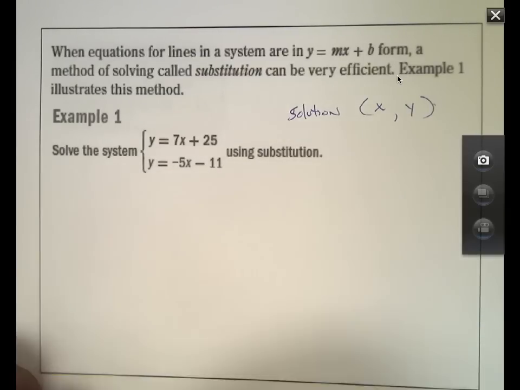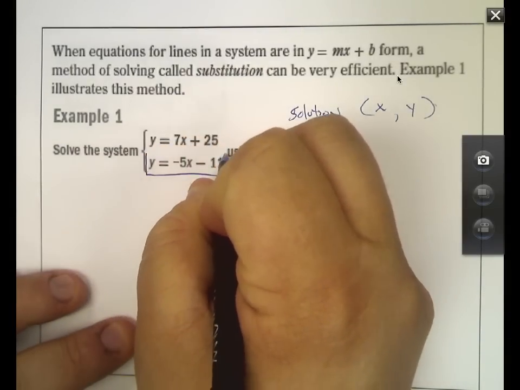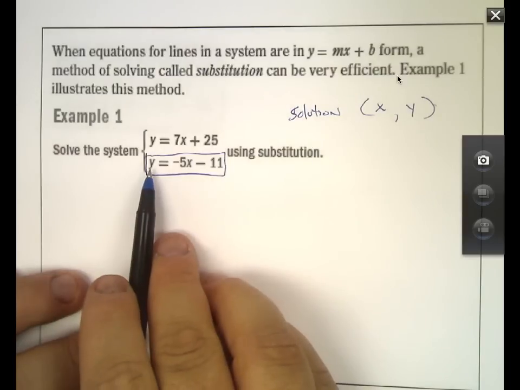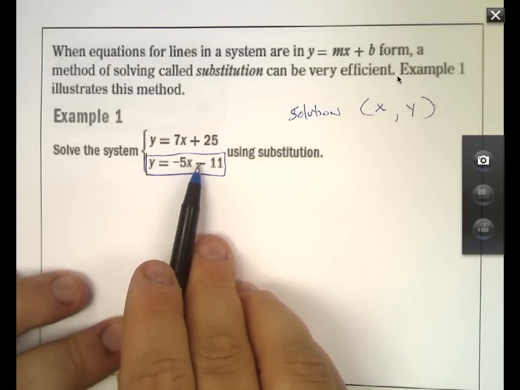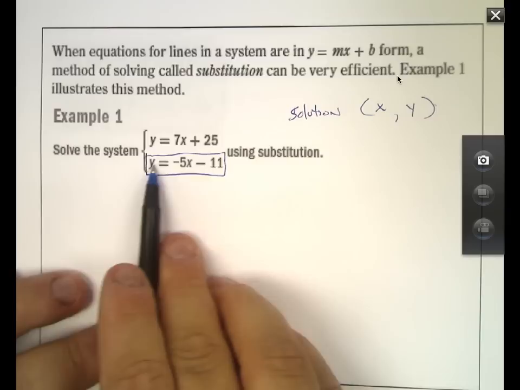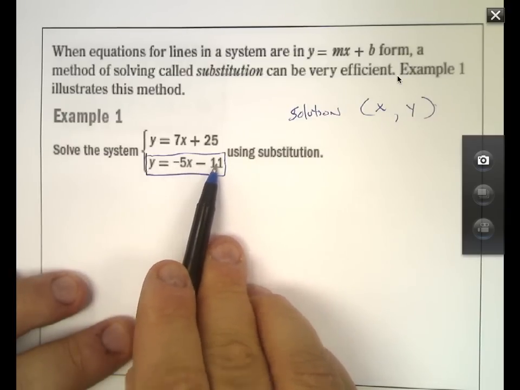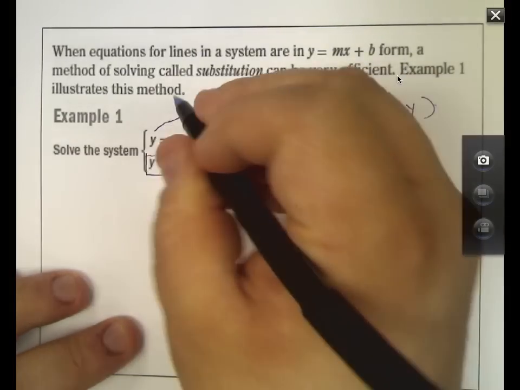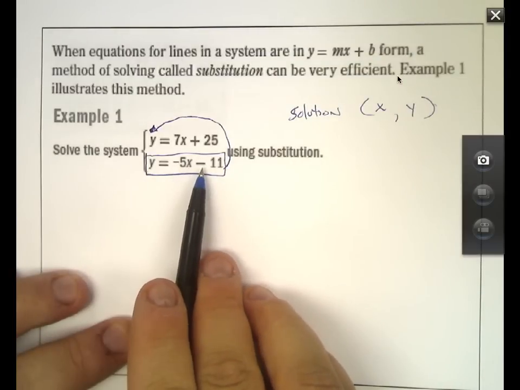Okay? When the two equations are set up like this, it's pretty easy. So I'm going to take this equation, and wherever I see y in my first equation, I'm going to substitute y for negative 5x minus 11, because that's what it says y equals here. So wherever I see a y, right here, I am going to plug in negative 5x minus 11.